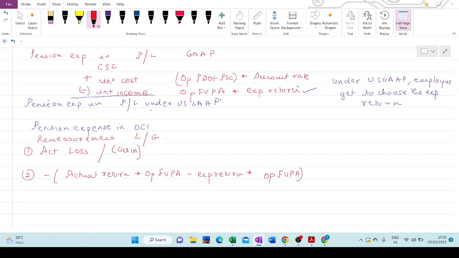So we deduct the difference between the actual return and expected return from our actuarial loss, and this ensures many things. The first thing that ensures is that the effect of expected return is totally removed from the calculation of TPPC, and we no longer deviate from the economic reality, right? Now only actual return would be deducted from my TPPC.